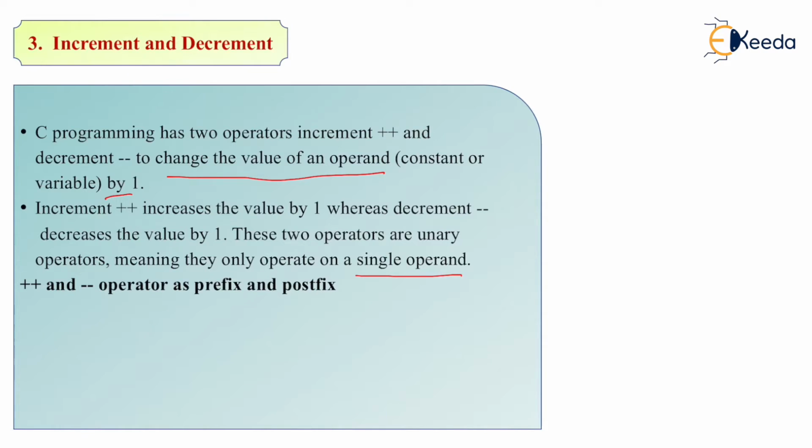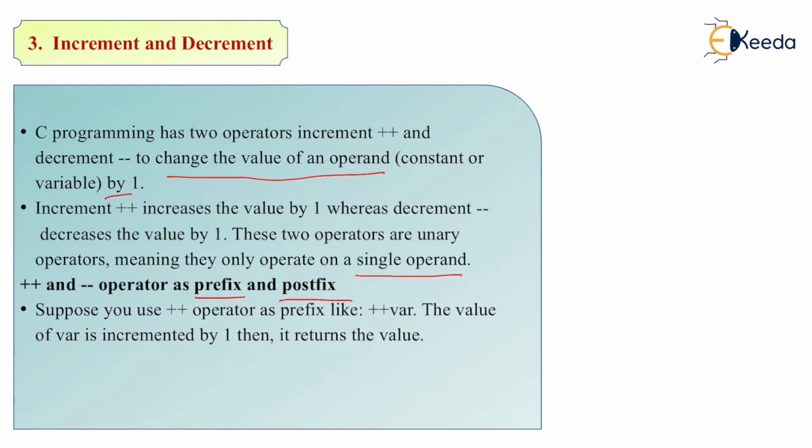Plus plus and minus minus operators also have two types: first is prefix and second is postfix. Suppose you use the plus plus operator as a prefix, like plus plus var. Then the value of var will get incremented by 1 and then it returns the value.